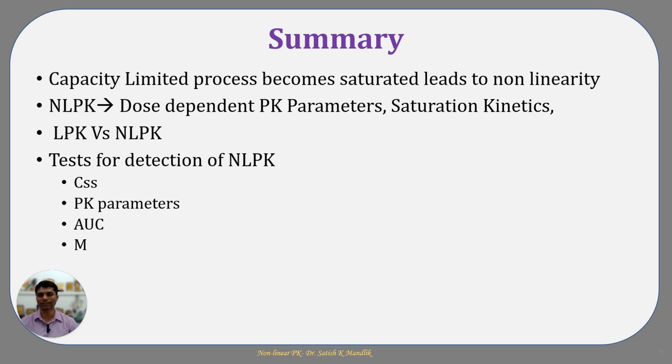Non-linear pharmacokinetics is known by different names like dose-dependent pharmacokinetics, saturation kinetics, Michaelis-Menten kinetics, mixed order kinetics, and so on. We also got to know the distinguishing differences between linear and non-linear pharmacokinetics, and we understood the 4 different tests by which one can detect non-linear pharmacokinetics: steady state, PK parameters, AUC, and Michaelis-Menten equations and their kinetics.